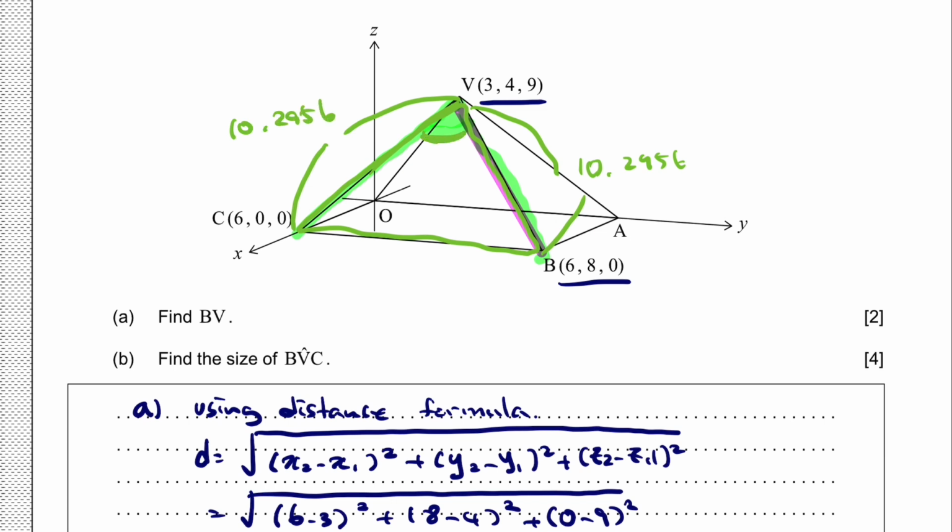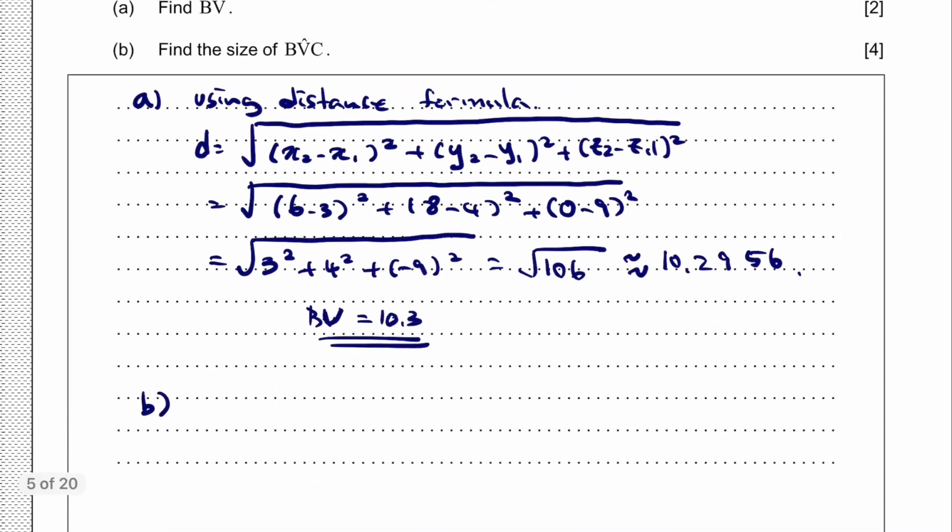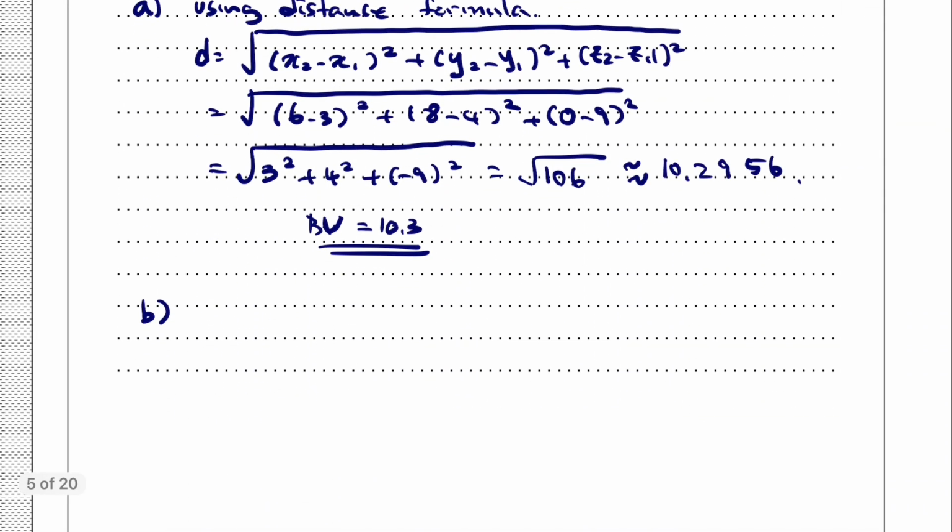Then to find this angle here, since we're going to use one of the cosine rule or sine rule, we have to figure out the length between the C and the B. Okay, so what you're going to do is, let's redraw this triangle like this.